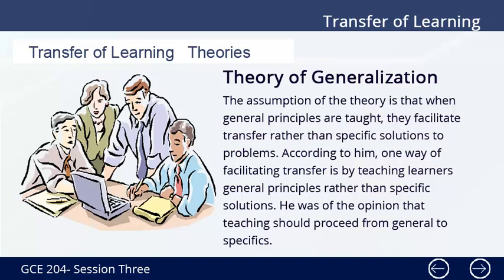According to him, one way of facilitating transfer is by teaching learners general principles rather than specific solutions. He was of the opinion that teaching should proceed from general to specifics. This theory believes in Gestalt, an assertion which views learning from a whole or complete form rather than in isolated form.